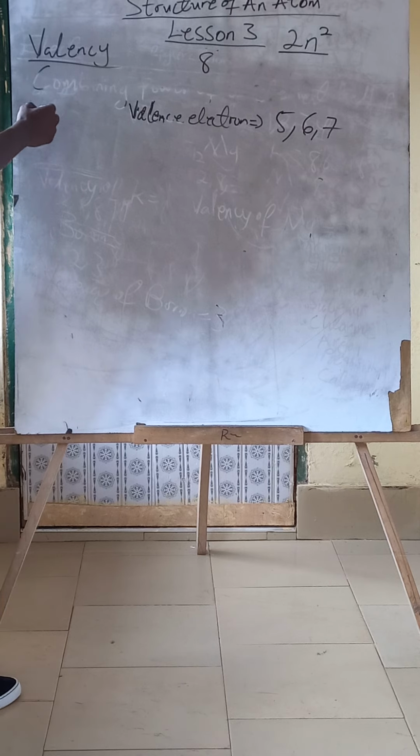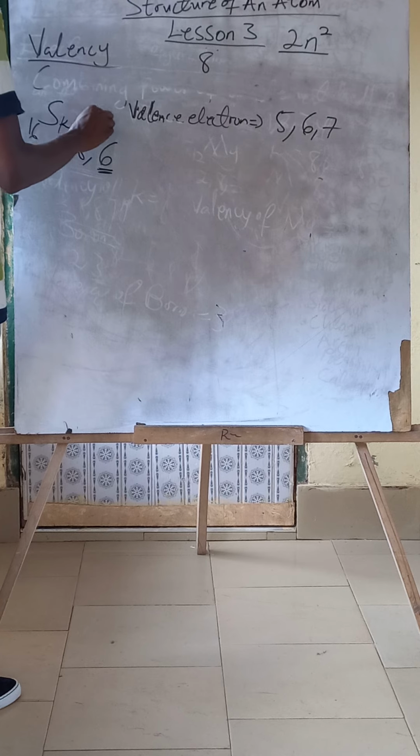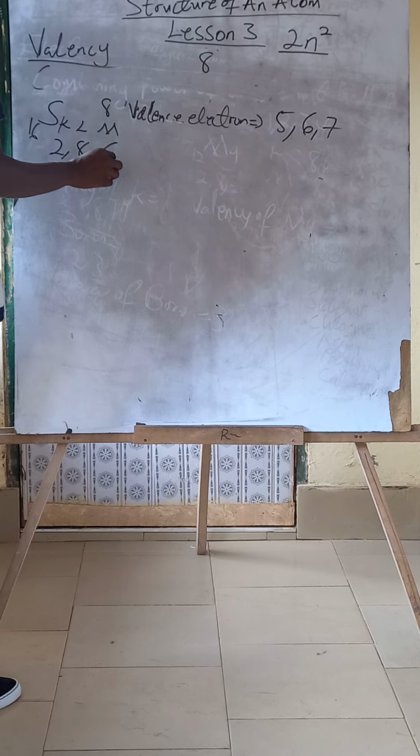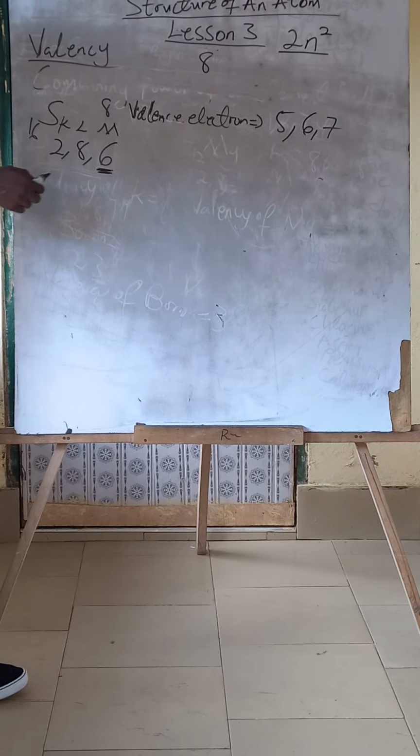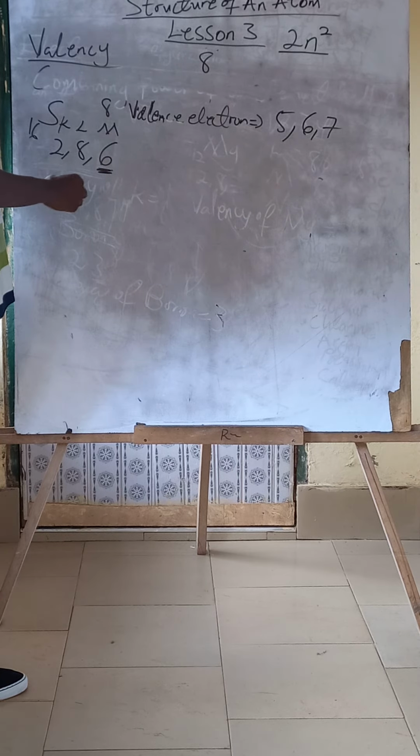Let's see what I mean. Sulfur, 2, 8, 6. The valence electron of sulfur is 6. Leave the K shell, L shell, M shell. The M shell takes a maximum of 8. Here, it is taking 6 electrons, so it needs 2 extra electrons to become 8.